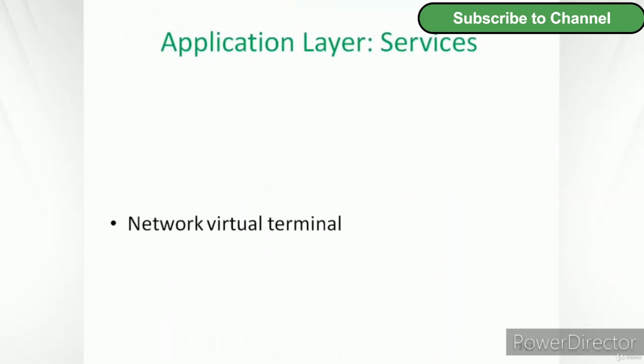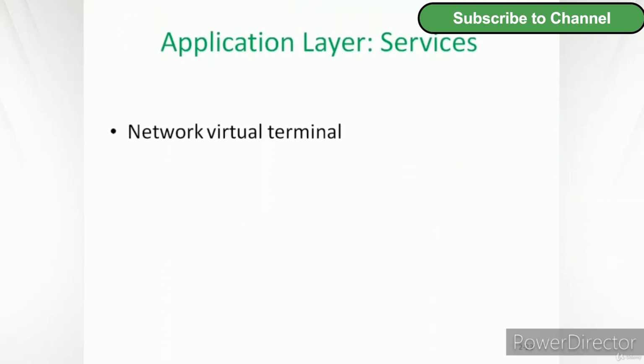Application layer services: we can see over here the network virtual terminal. As I told, that is the remote login, meaning a remote machine can be logged into from your location. Then mail services: we can send the mail or receive the mail.